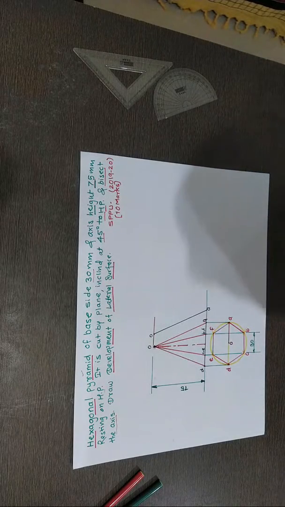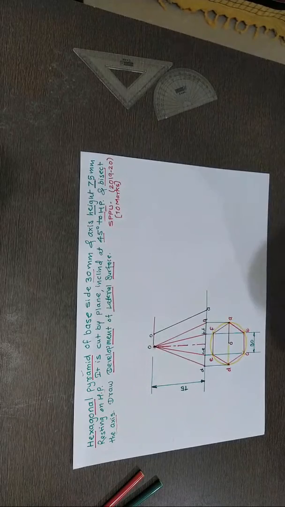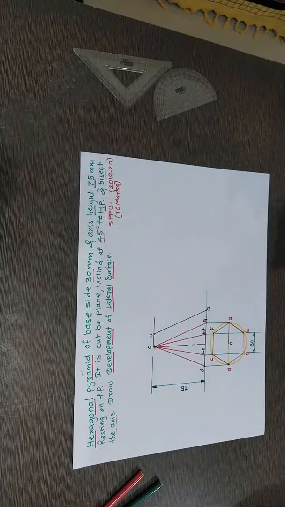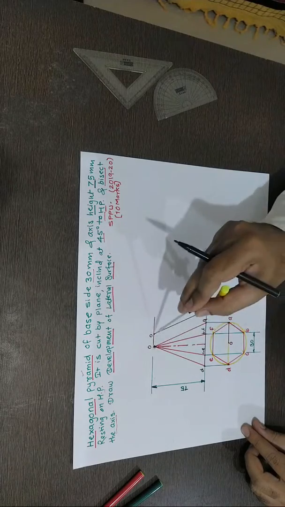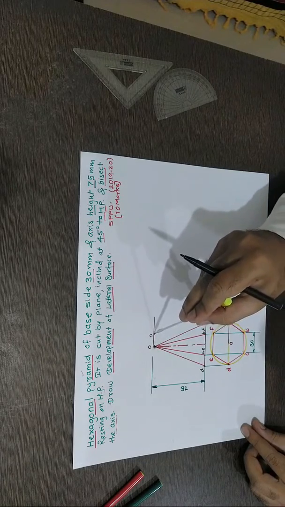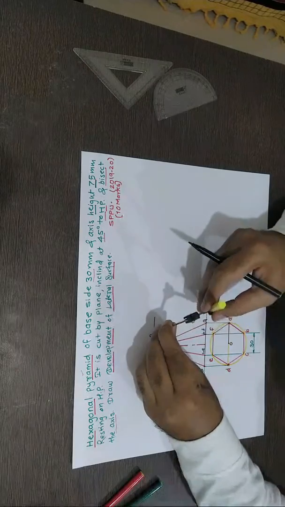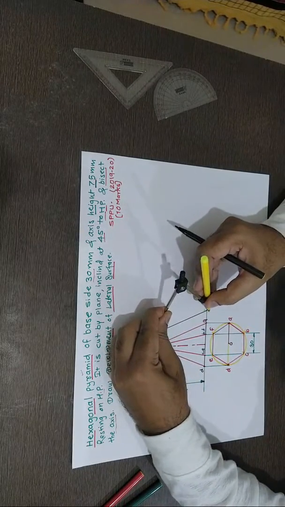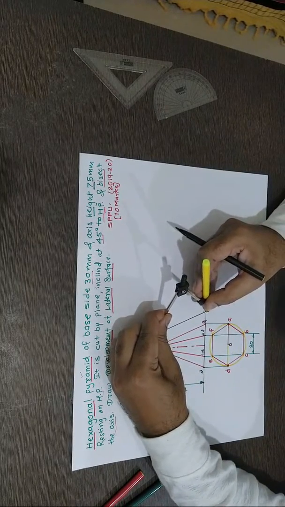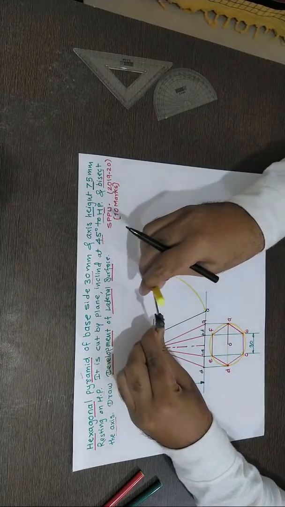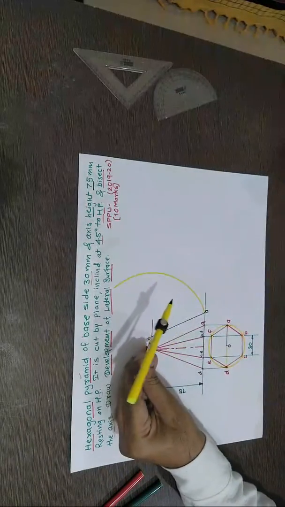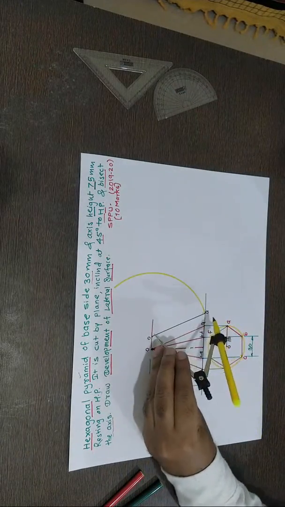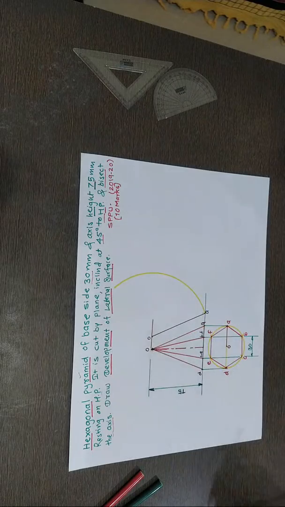Now take OA as distance in the compass, which I have already taken, and mark the arc, which I am marking here right now. So O as the center, OA as the radius, from this A mark one arc.